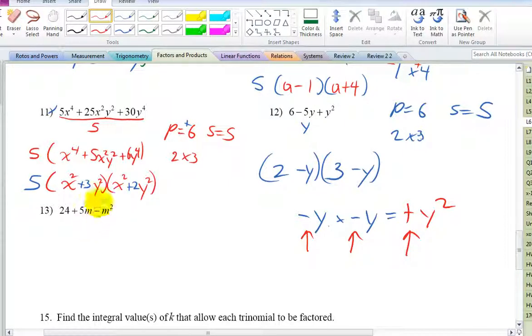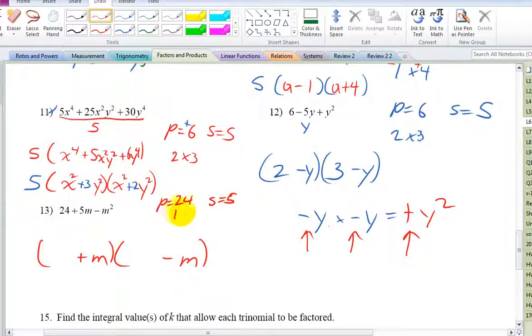What does it have? Minus m. So how in the world could you multiply to a minus m squared? One's positive and one's negative. Okay, that's the only way. So now we have to be super careful looking at the product of 24, and somehow we have to get a sum of 5.